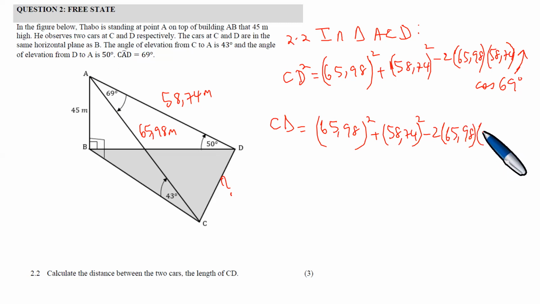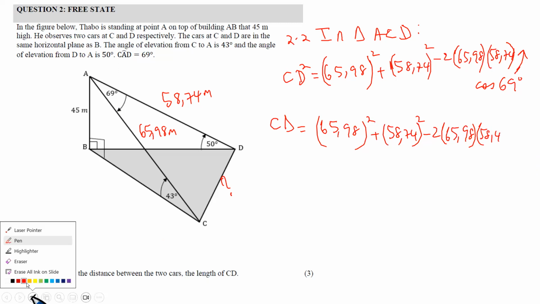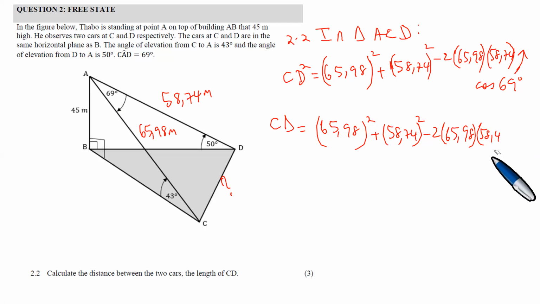You multiply again by the 58,74. Okay, and then you multiply just by the cosine of the last result there. Okay, so you have that, the cosine of the following 69 degrees. Okay, so we have that.